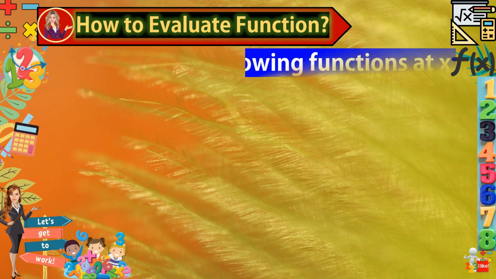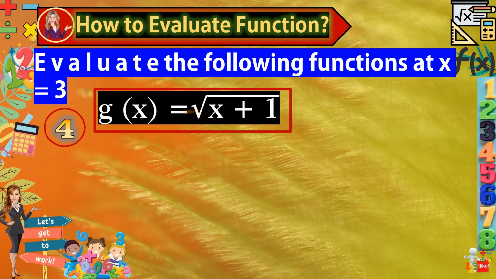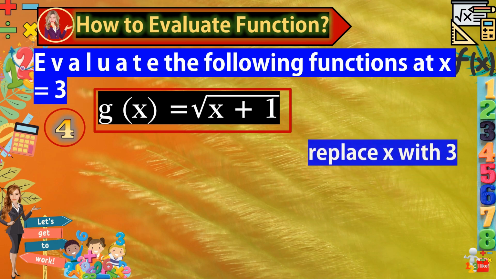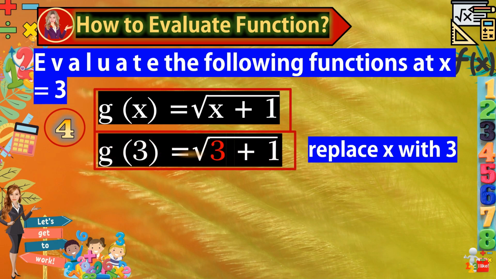Given this example, evaluate the following function at x is equal to 3. g of x is equal to the square root of x plus 1. That is the given. You need to replace x with 3. So, we have now g of 3 is equal to the square root of 3 plus 1.